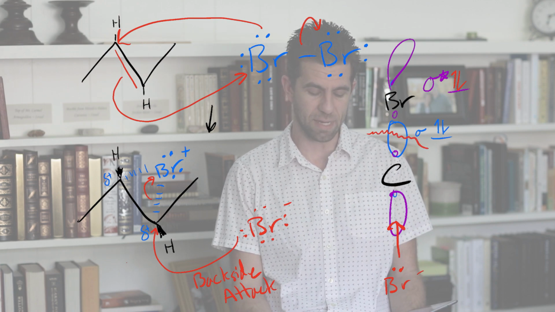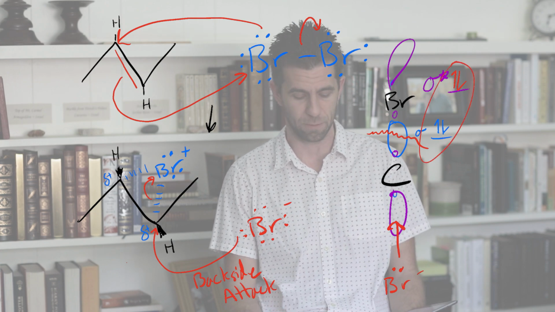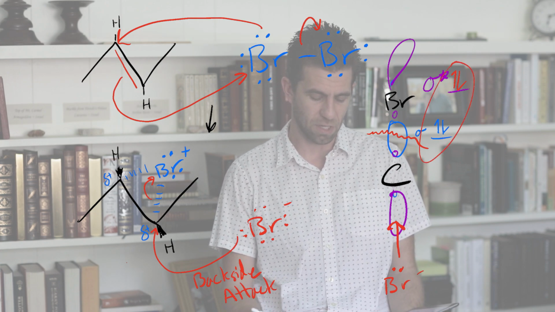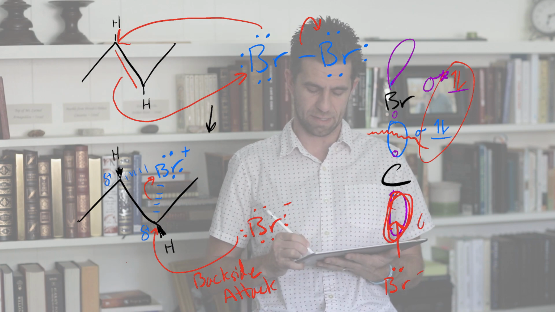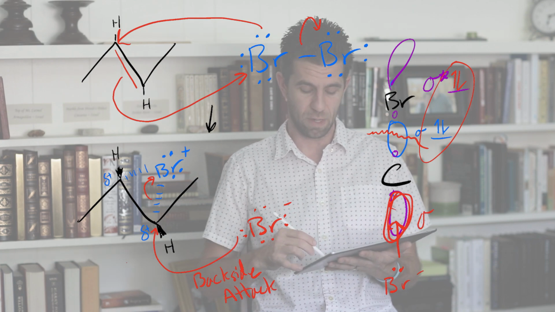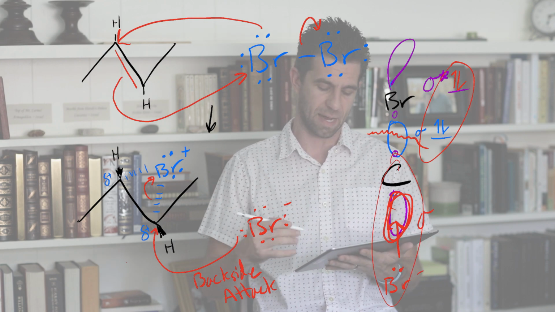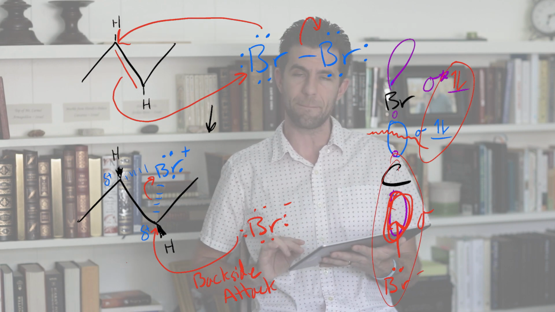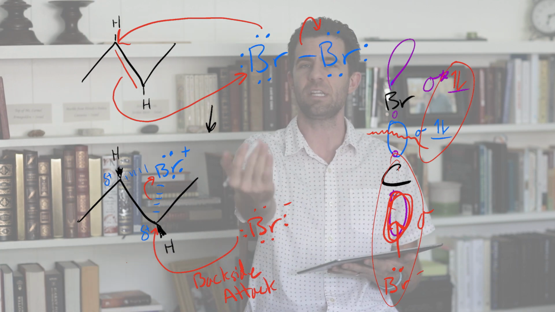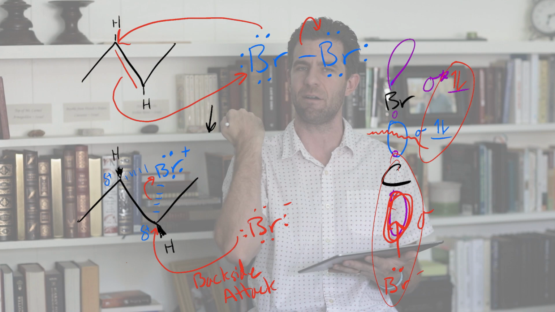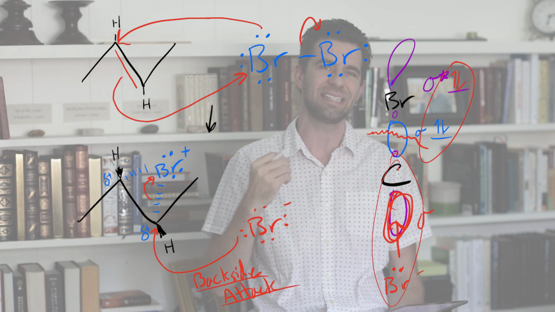Now, as it's breaking, because remember, we're creating a bond order here that's not favorable. As it breaks, what it ends up turning into here is a sigma or a bonding orbital for the Br and the carbon, right, as it breaks that. But notice that it's coming from the back side where that anti-bonding orbital is. Remember, the anti-bonding orbital is on the back side of that bond. That is why we call this a backside attack.